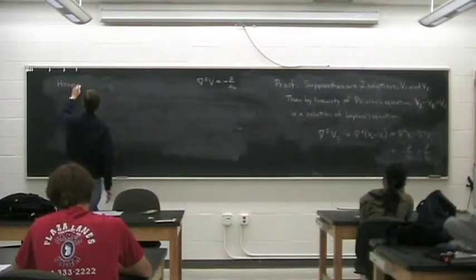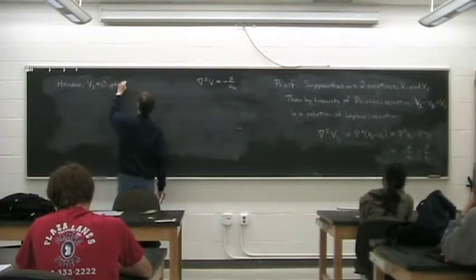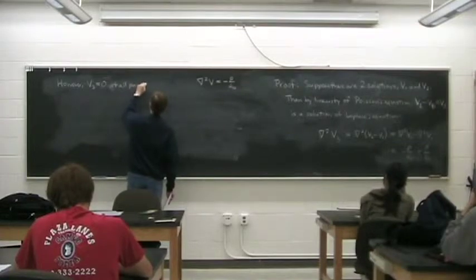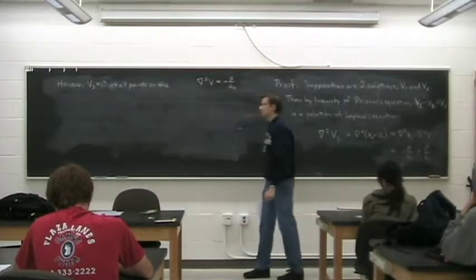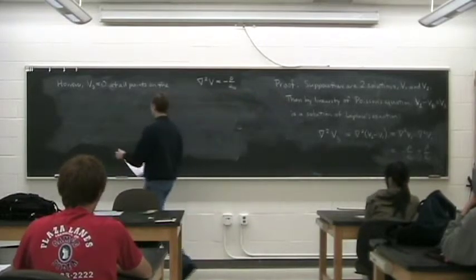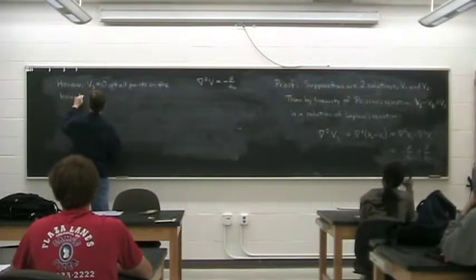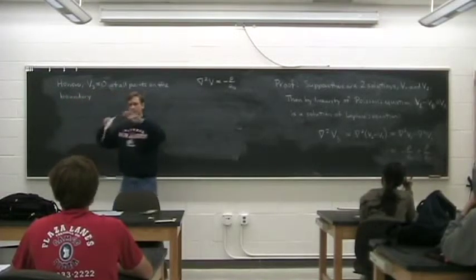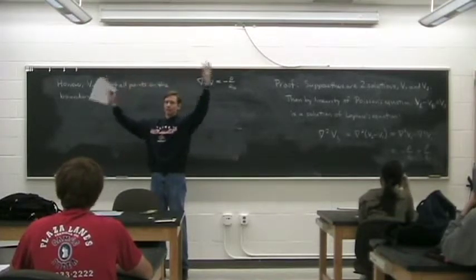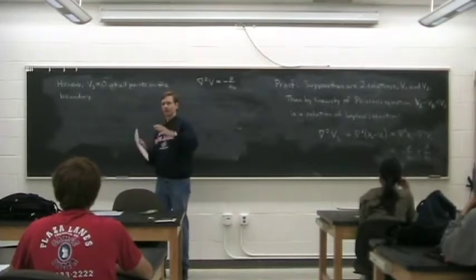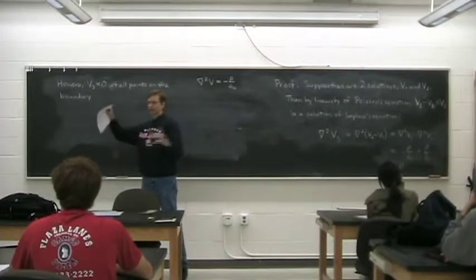However, it has to be true that v3 is equal to 0 at all points on the boundary surface. And remember, the boundary surface can be a composite of several surfaces, right? In other words, I could have, say, some spherical shell with some other surfaces inside of it, and I want the volume that's bounded by all those surfaces.